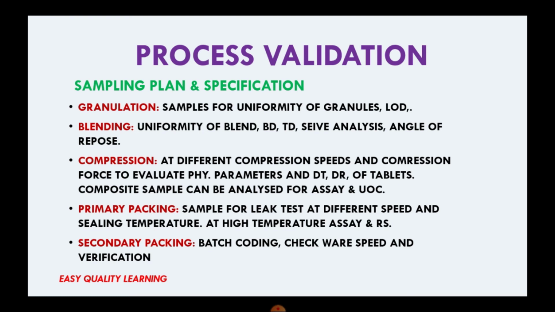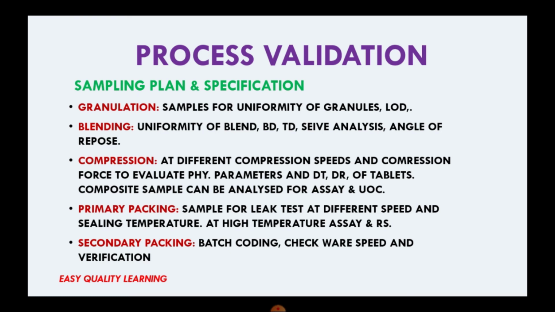So 5 or 6 samples can be taken, as I discussed earlier, also depending on your ABD bowl size, and you can check the LOD of these granules. So it will give you assurance that on this particular set of parameters you will get this particular LOD, and there is no variation from location to location.